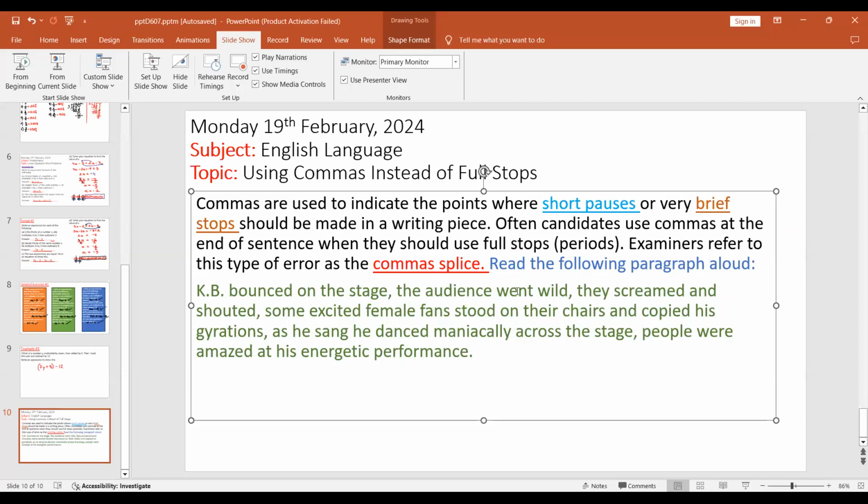Then they screamed and shouted. And some of the female fans stood on their chairs and copied his gyrations, period. As he sang, he danced maniacally across the stage, and people were amazed at his energetic performance. So we could correct this, right? But currently, as is, it's wrong, right? Why is it wrong? It's wrong because where there should be periods, there are commas.